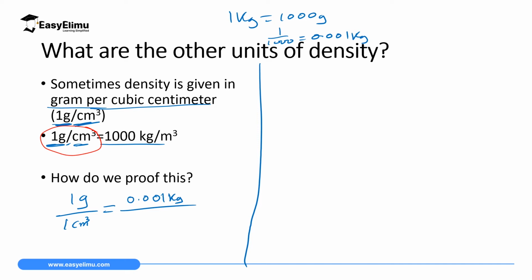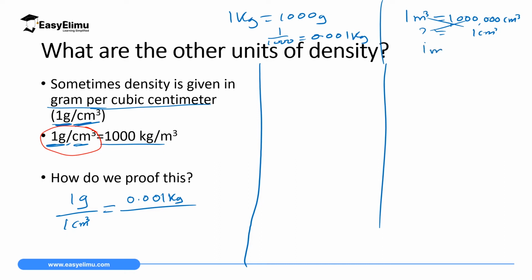Can we convert 1 cubic centimeter to the SI unit, that is cubic meter? Remember we said 1 cubic meter is equal to 1 million cubic centimeters, from volume. Now if we have 1 cubic centimeter, how many cubic meters are there?